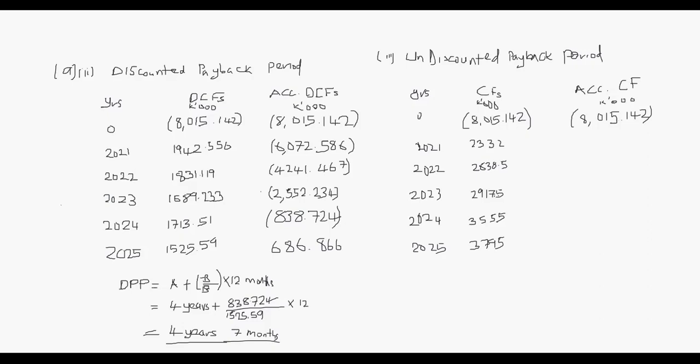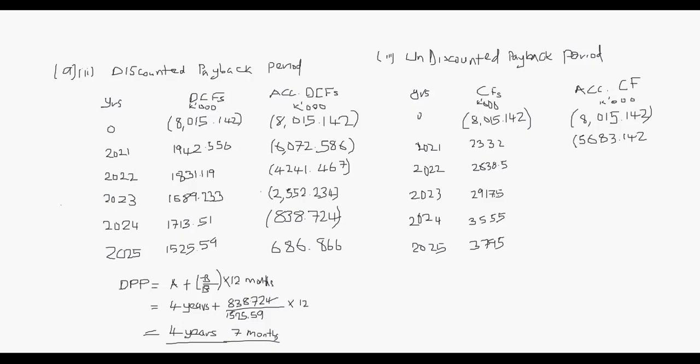We start in 2021 with the cost of investment, 8,015.142, plus 2,332, giving us 5,683.142. Next, we accumulate 2,638.5.